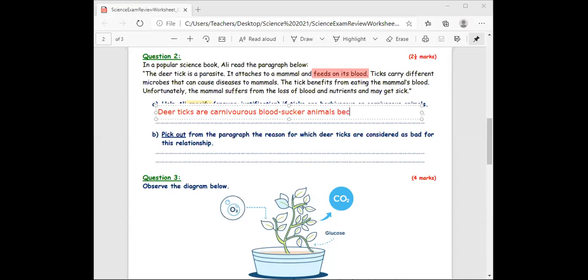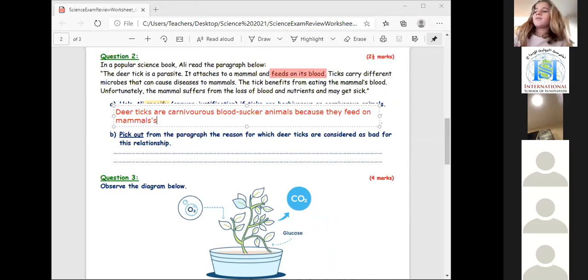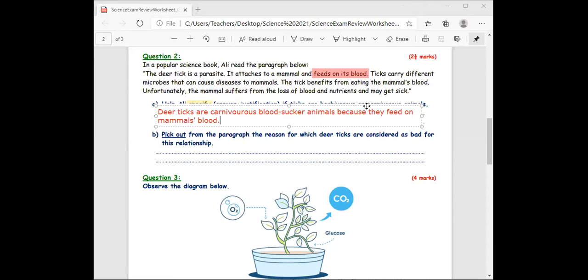Because they feed on mammals' blood. Bloodsuckers. Do you know any other examples of bloodsucker animals? Like what?